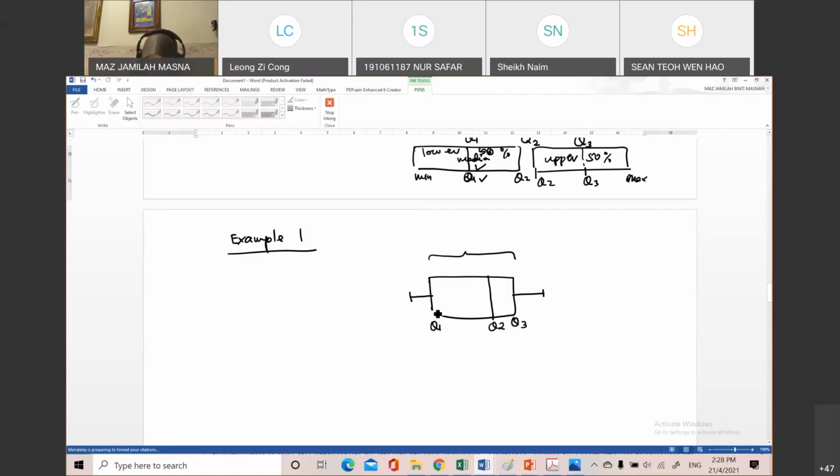In this case, your box plot has a larger range here. So in this case, by having this box larger than the other box, we can say this is skewed to the left. Example number 2.